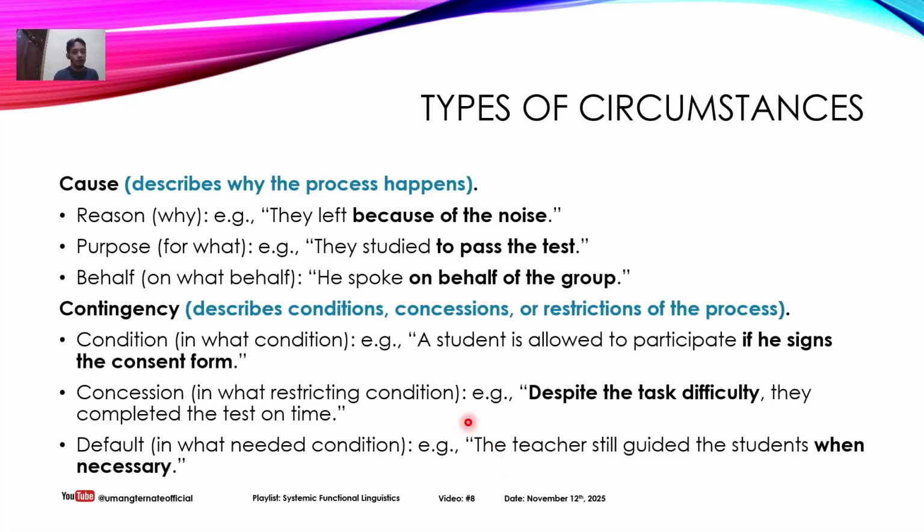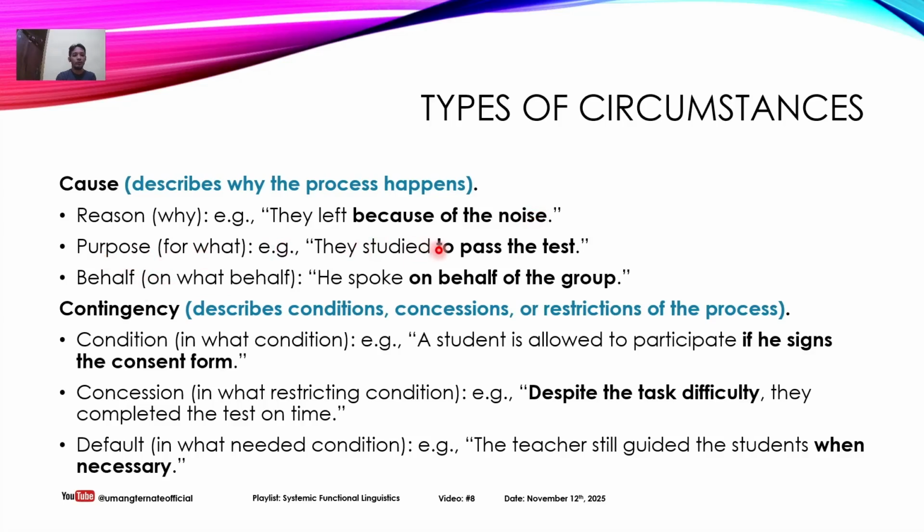Now, the circumstance of cause describes why the process happens. The first one is the reason, which is the why itself, like this. They left because of the noise. Also the purpose, for what?